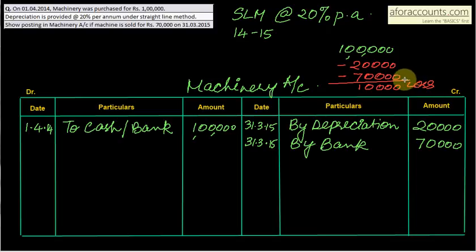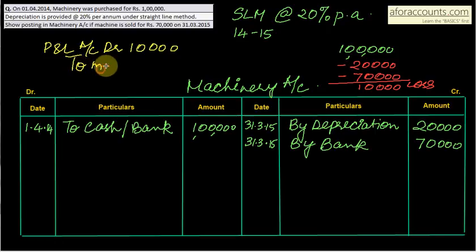So the entry for loss on sale of your asset will be profit and loss account debit. Since it is a loss, remember, profit and loss account debit. How much is the loss? 10,000. So profit and loss account debit 10,000 to machinery, or whatsoever asset it is.